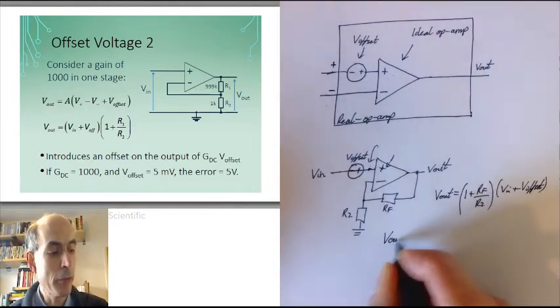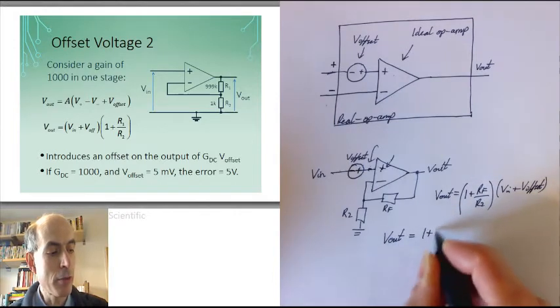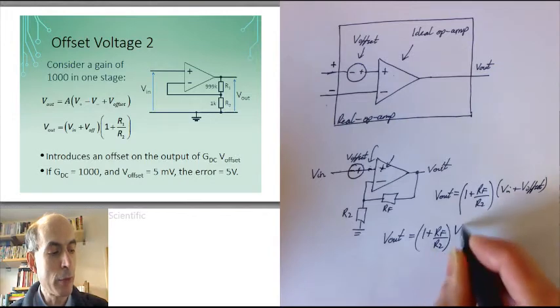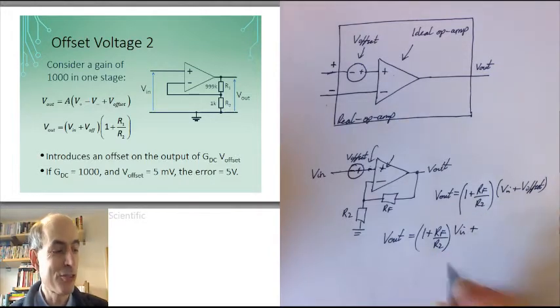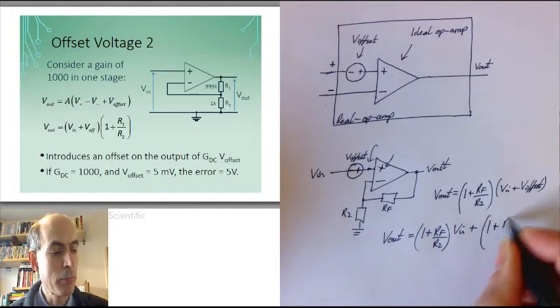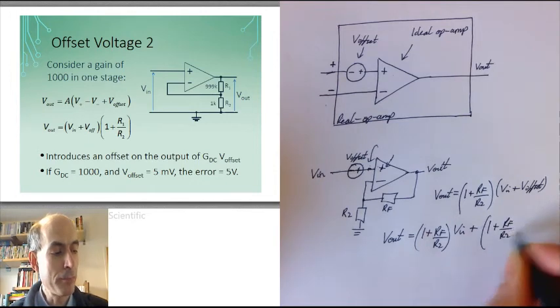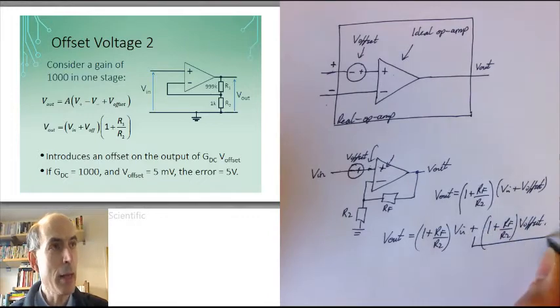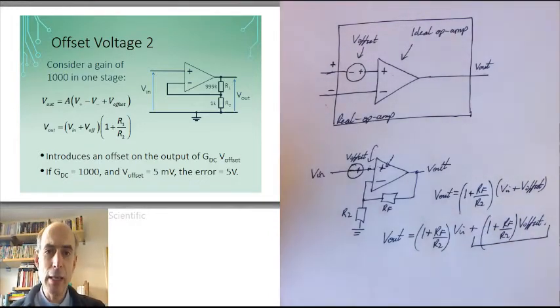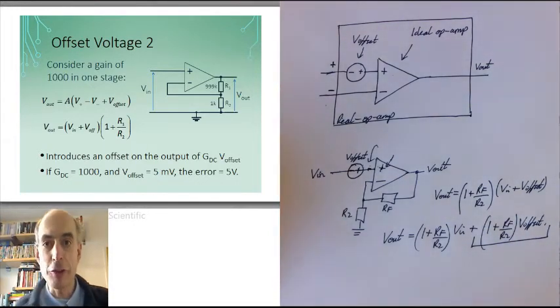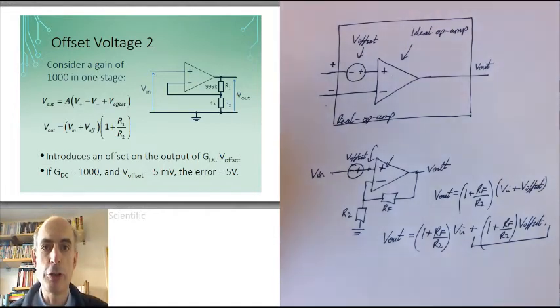Or, write that another way, V out is the gain times the input as we're expecting, plus the gain times the offset voltage. And that is a term which is creating a DC shift or offset in our output voltage.